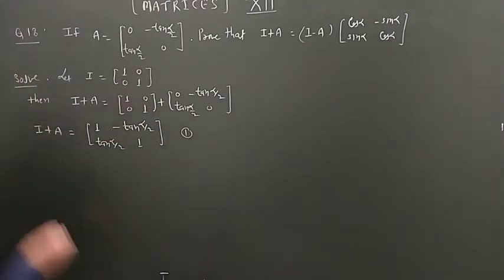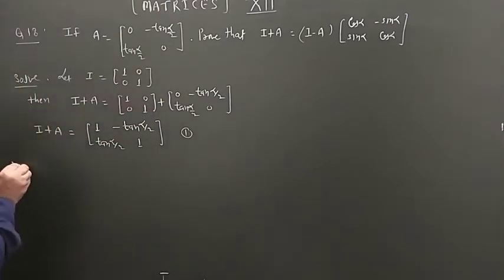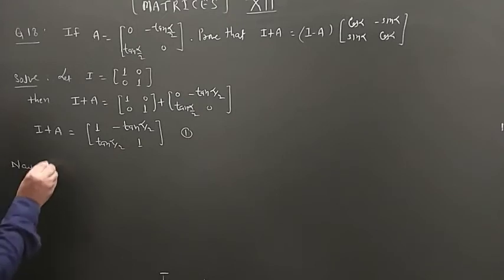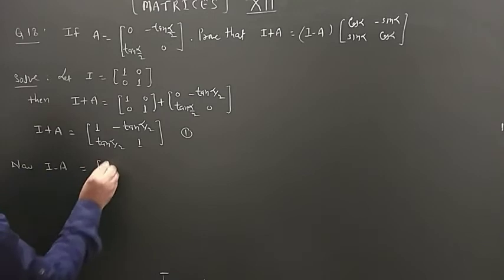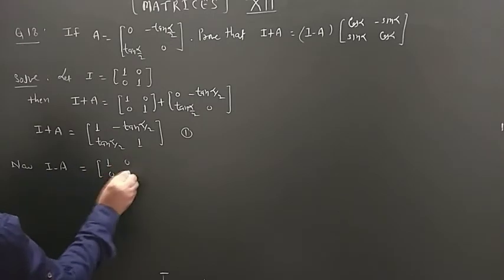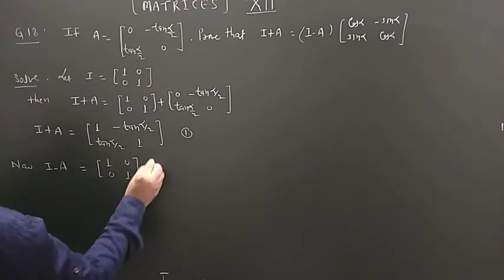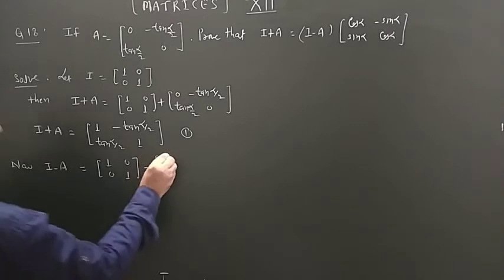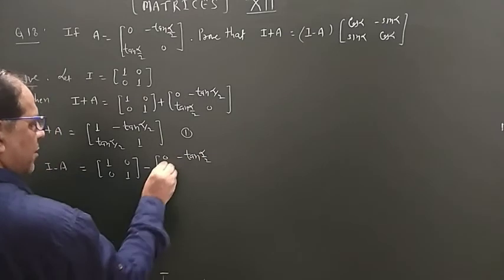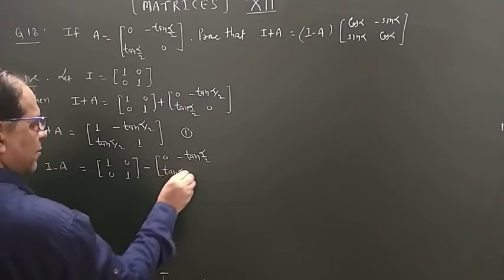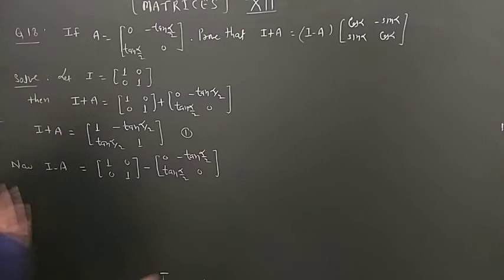Now first we find I minus A. I minus A means 1 0 0 1 minus A, 0 minus tan alpha by 2, tan alpha by 2 0.